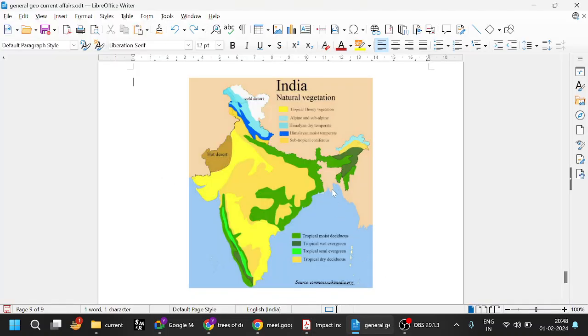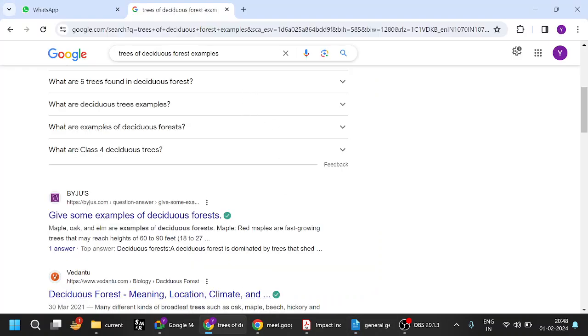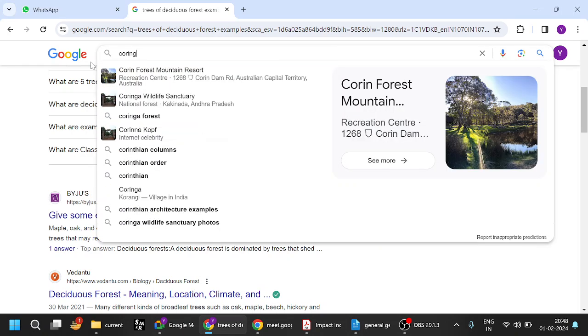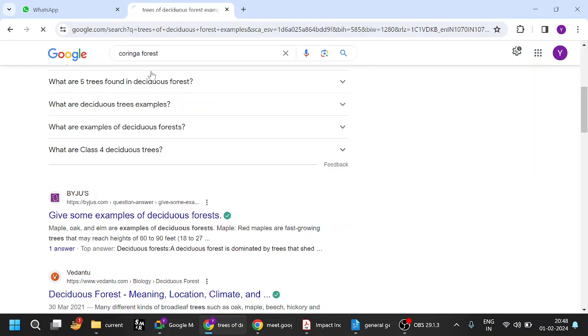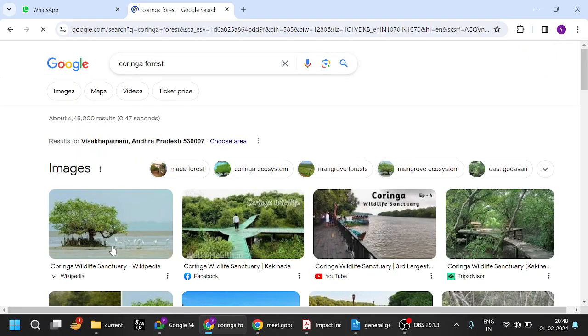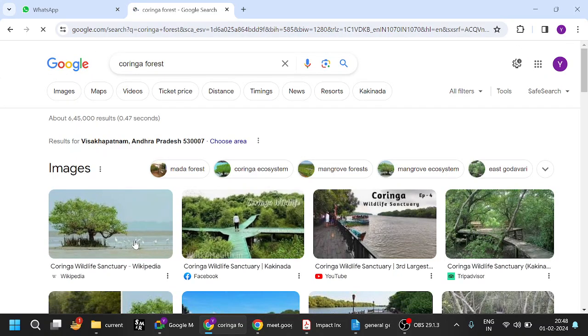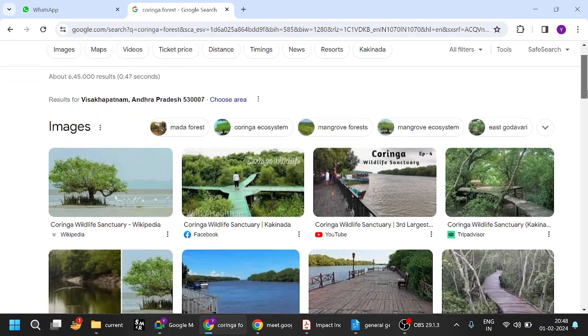West Bengal, Sundarbans, and Andhra. Mangroves are famous in Kolleru Lake, and Kakinada, Koringa in Andhra Pradesh. Koringa forest is also mangroves. Mangroves means you have almost a combination of seawater and river water, and you have these plants coming up from the soil.